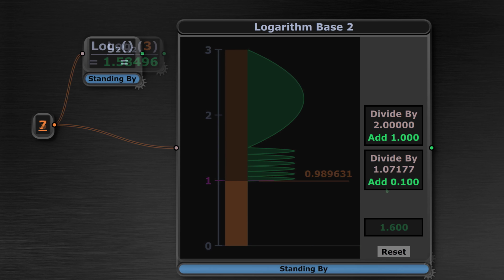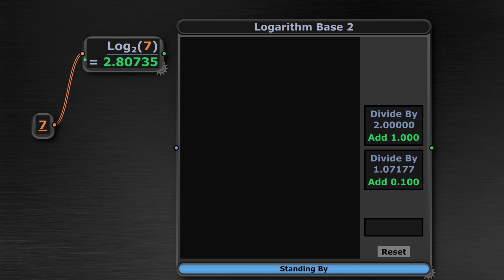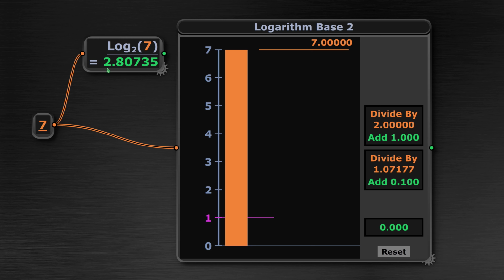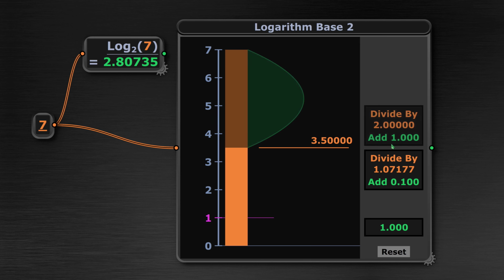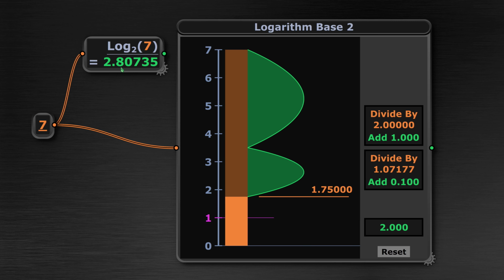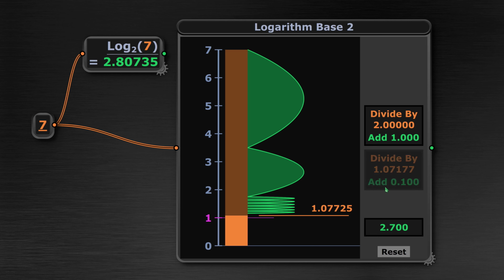Another example. The logarithm base 2 of 7 is 2.807. The 2 whole jumps. The 0.8, 8 tenths of a jump is not quite enough to get to 1.